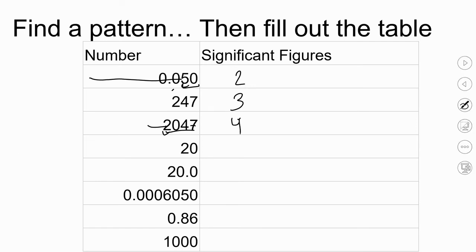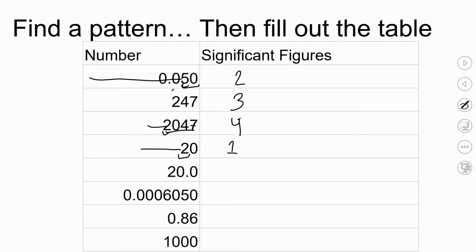Okay, how about this one? Just 1. Good. This is just 1. So we go through, we find our first non-zero. So that one's significant. Because there's no decimal, that 0 is not significant. So just the 2 here is significant. This also tells us a little bit about how somebody measured this 20.